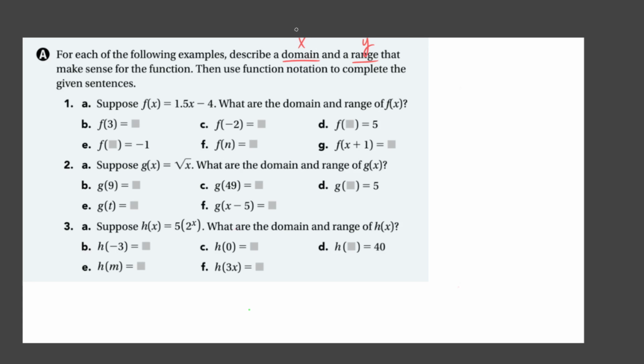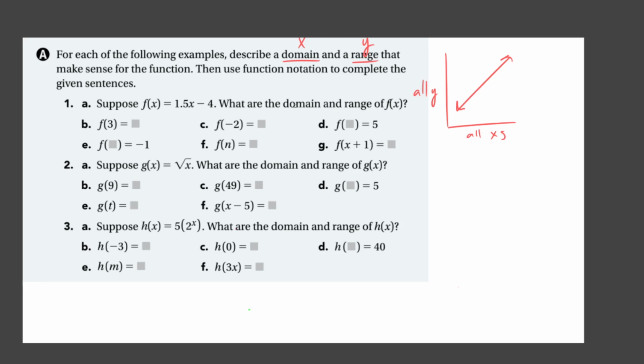In other words, what inputs and what outputs work for that function. Some functions, like a linear line, go on into infinity. They don't stop. They continue on forever in both directions, which means all x's would be your domain and all y's your range. You can have any x value and any y value.